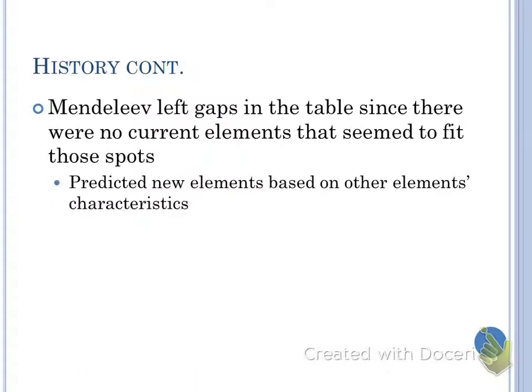He even went so far as to predict the new elements that would be discovered. He thought that there would be an element with a certain atomic mass that behaved like these that would fit in his table in a certain spot. So this was one smart cookie.